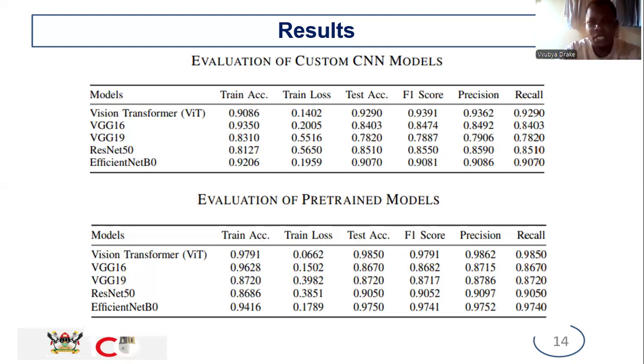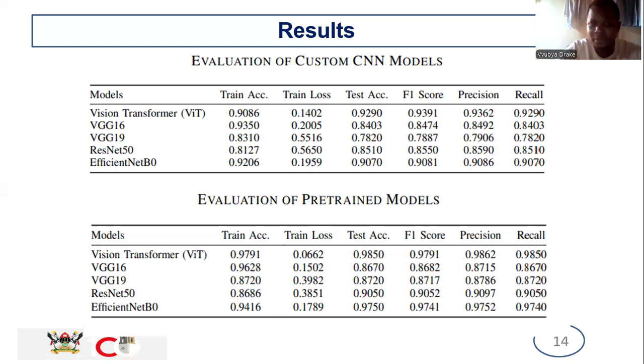Then after pre-training, that is, we are using different weights, like the knowledge already learned from the pre-trained models, majorly trained on the ImageNet dataset, to be used in retraining, saving time and computational resources.